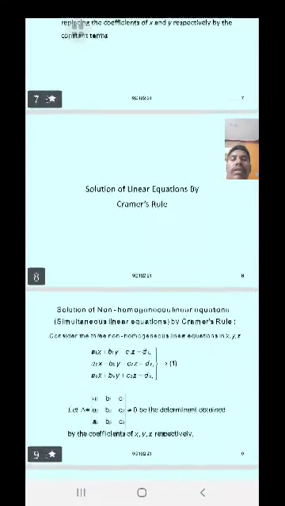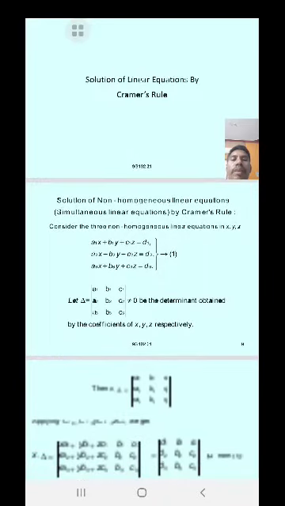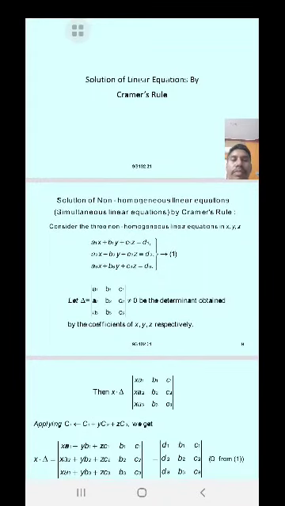Solution of linear equations by Cramer's rule. Solution of non-homogeneous simultaneous linear equations by Cramer's rule.